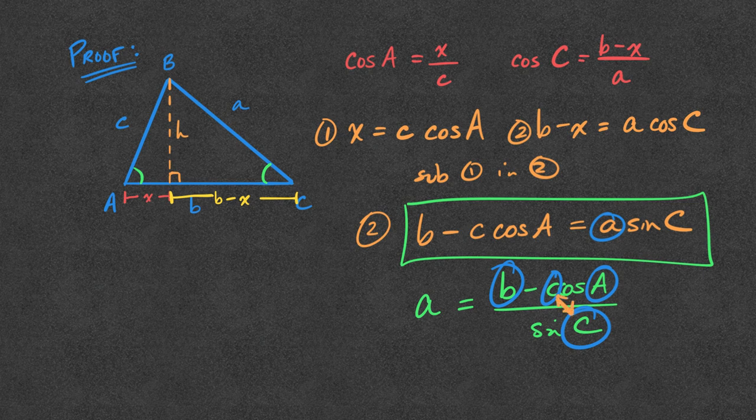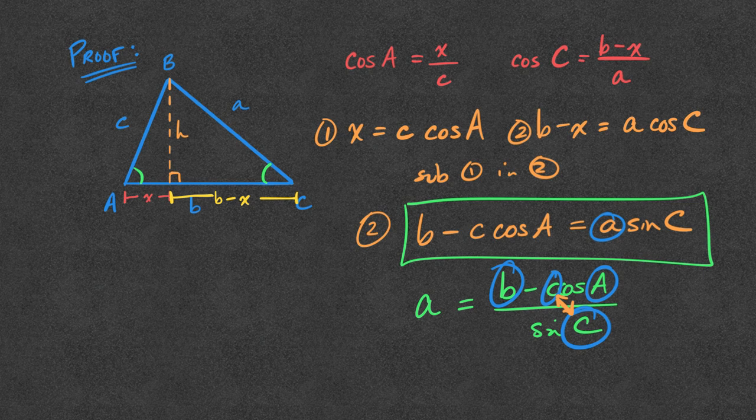Those two right there. For that equation to be useful for me, I would need to know what side C and angle C were. Hey, that looks like a side and its corresponding angle. Well, if I already knew that, why do I need cosine law? I can just use sine law and I'm good to go.